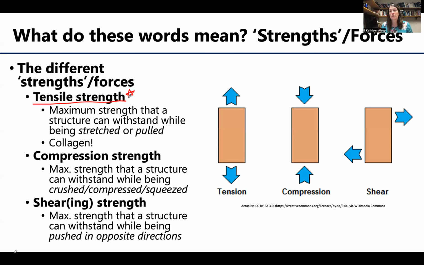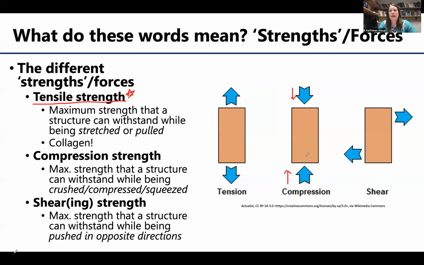There are other types of forces that can play a role. Compression strength or force is going to be that maximum strength that a structure can withstand while being compressed, as the name would suggest, or crushed or squeezed. So you can kind of see those arrows, or that force is kind of coming and causing things to be compressed.